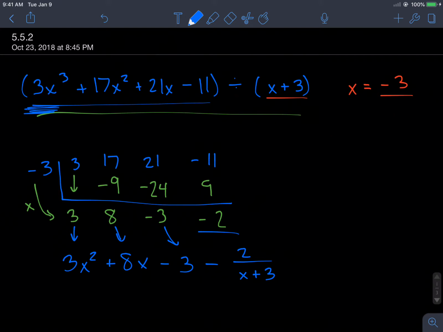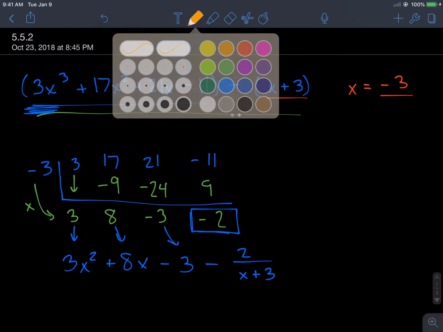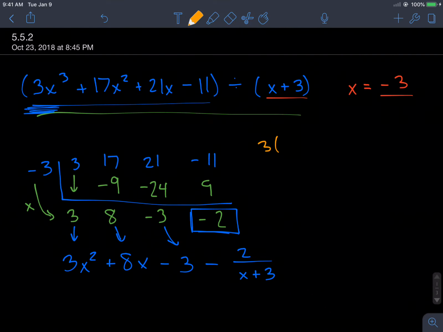And here's the interesting thing. This negative 2 is not just the remainder, but if we were to plug a negative 3 into this equation, 3 times negative 3 cubed plus 17 times negative 3 squared plus 21 times negative 3, minus 11, we would get out negative 2.